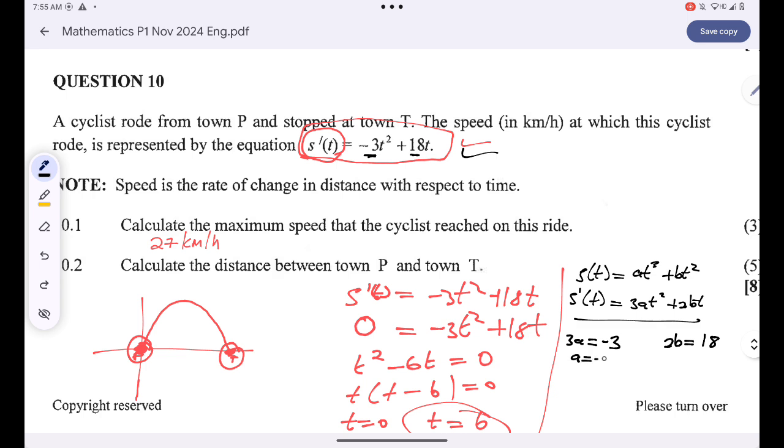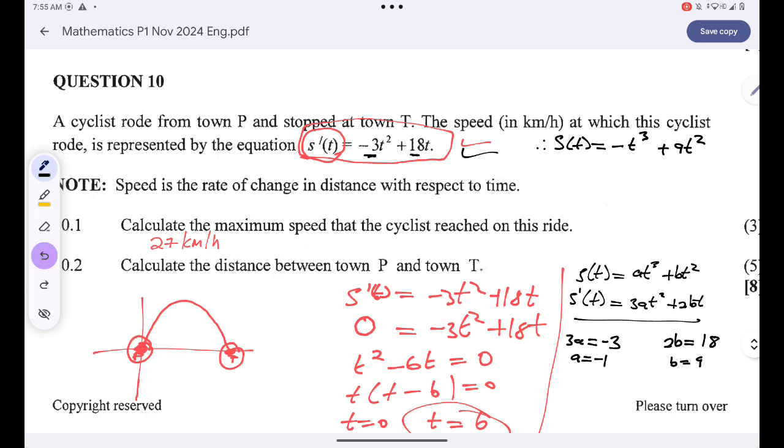That means a is negative 1, b is equal to 9. So therefore, the equation of s of t is just equal to negative t cubed plus 9 t squared. So this is the equation for the distance covered.